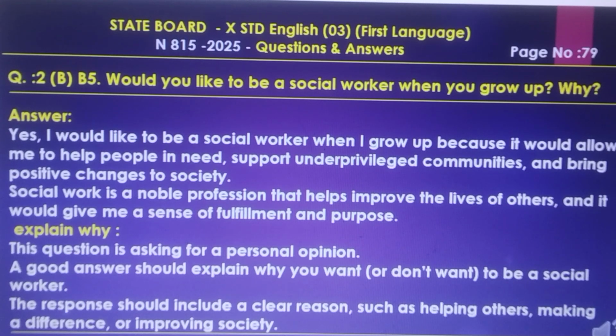Social work is a noble profession that helps improve the lives of others, and it would give me a sense of fulfillment and purpose. Explanation: this question asks for a personal opinion. A good answer should explain why you want or don't want to be a social worker. The response should include clear reasons, such as helping others, making a difference or improving society.